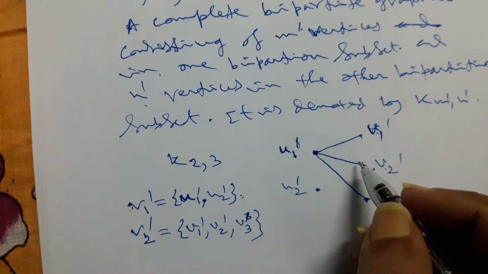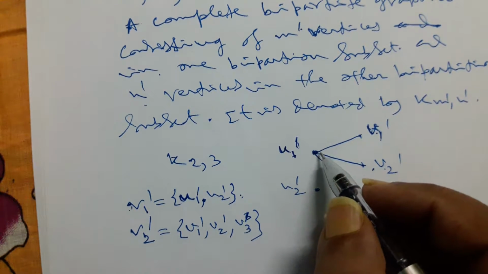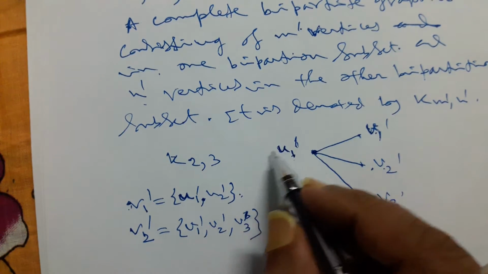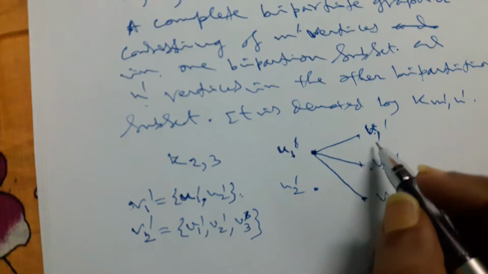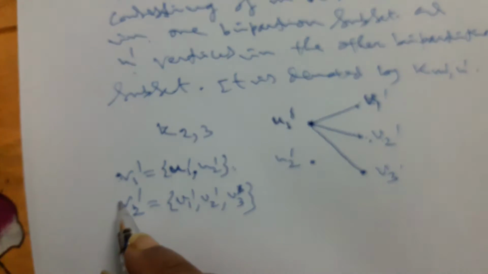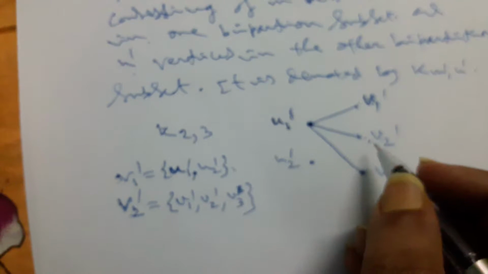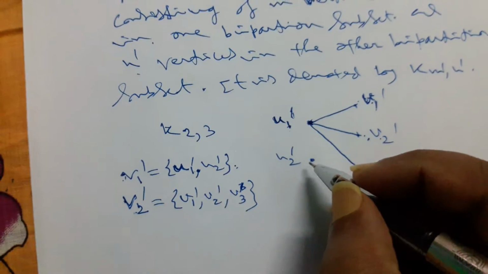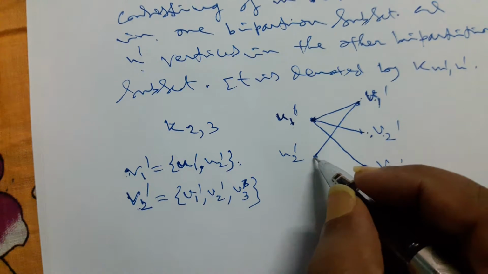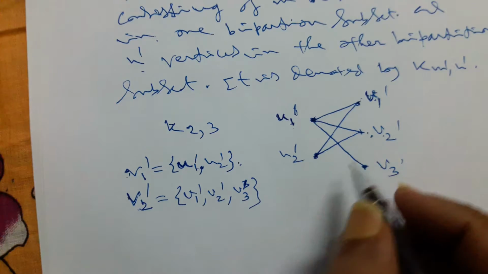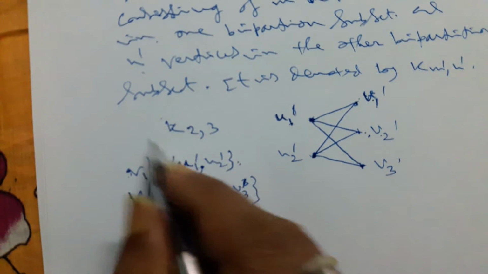In the earlier general bipartite graph, one vertex may not join all the vertices of the other set, but in the complete bipartite graph, every vertex in one set is incident with every vertex of the other set. The same holds for u2 dash, which is incident with v1 dash, v2 dash and v3 dash. In this way we get K 2, 3.